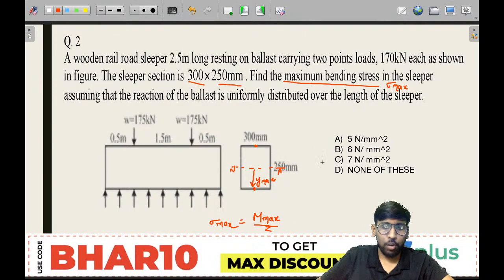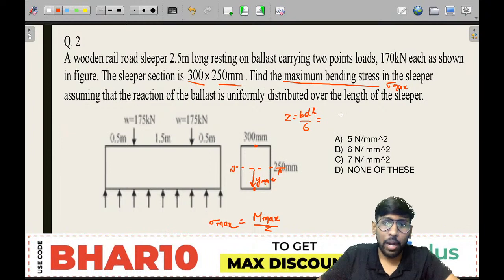So for a rectangular cross section, what is the Z value? Nothing but BD square by 6. That is the value of Z. So what is BD square by 6?